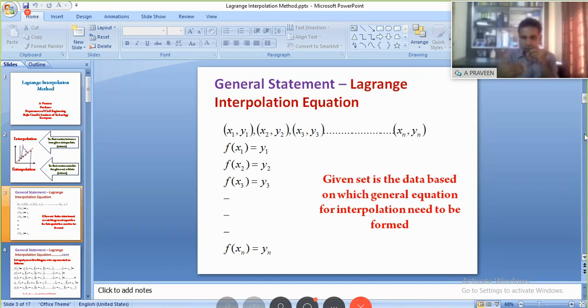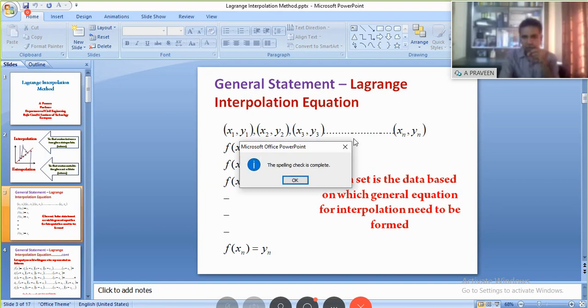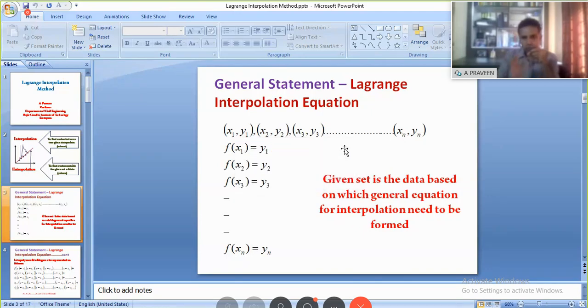So if we need to get any data from this graph, with points x1, y1, x2, y2, x3, y3, wherever you require a value in between, it can be in economics, structural engineering, or hydraulics, that can be used for interpolation.